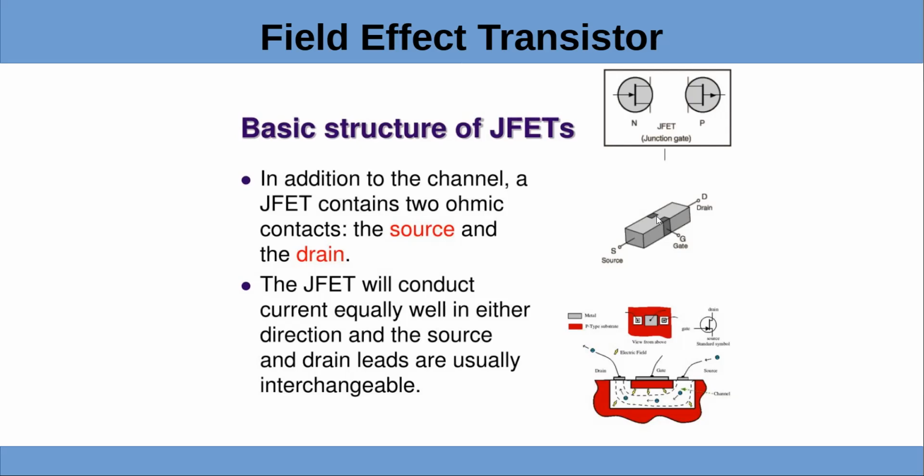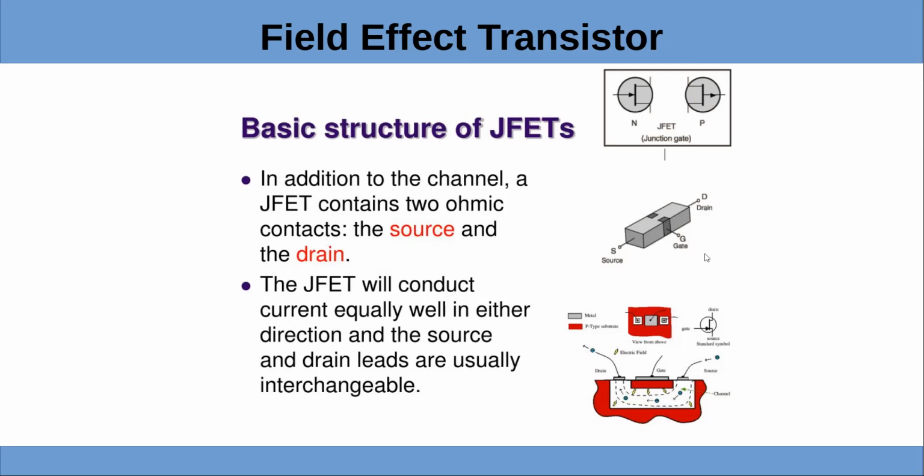You can actually pinch this off where there's no flow at all. And that becomes a channel where you're going through this N material, in this case, from source to drain, or drain to source if you're doing conventional current.